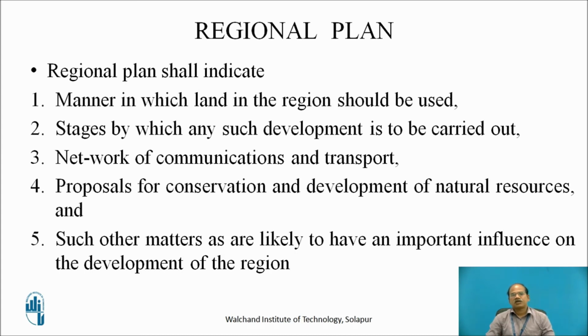It also indicates proposals for conservation and development of natural resources and such other matters as are likely to have an important influence on the development of the region. You can easily see that all these parts and parcels of the MRTP Act have a strong influence on the proposed development of that region.